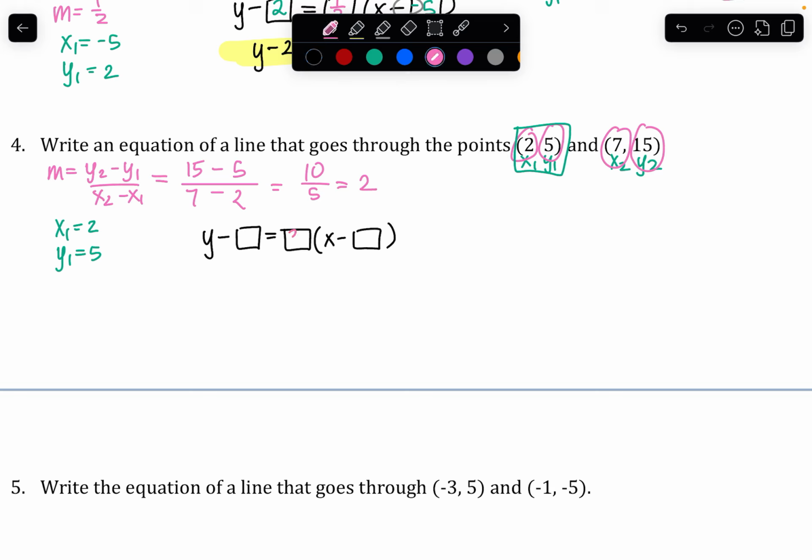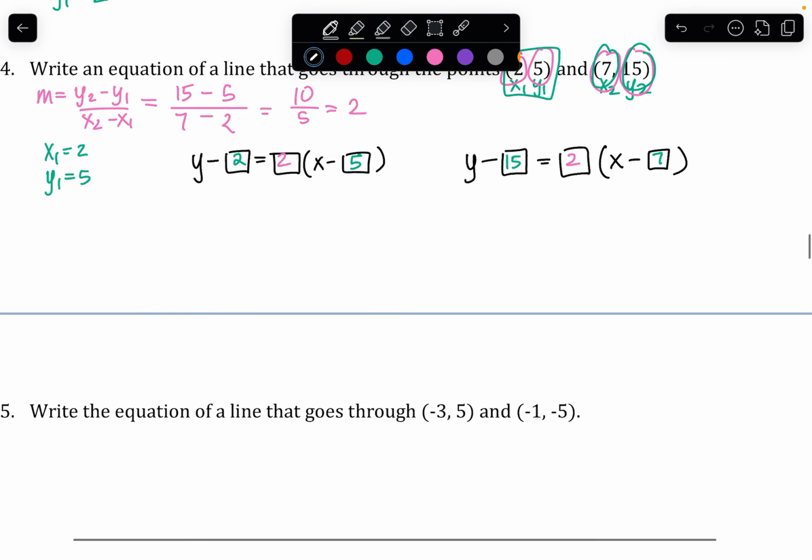So now we know our slope is 2, we know our x1 is 2, we know our y1 is 5. If you wanted to use the other point, this x-coordinate is 7, the y-coordinate is 15, but the slope is still 2.